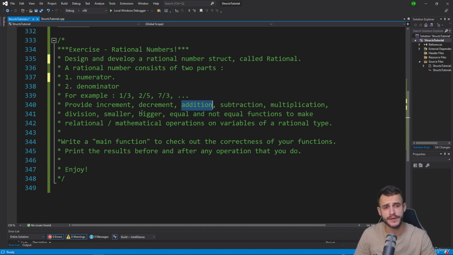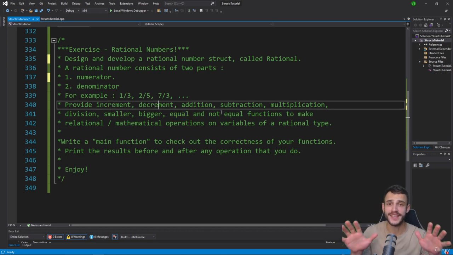And you will also write functions for testing the equality between two rational variables. That's it. How many of them? 1, 2, 3, 4, 5, 6, 7, 8, 9, 10. Ten functions that you have to do.